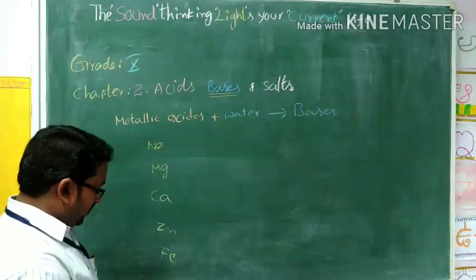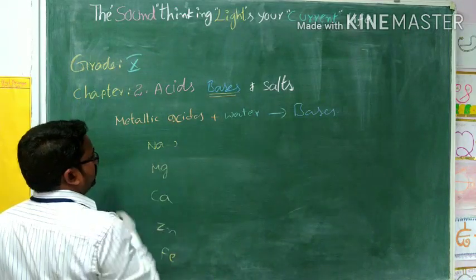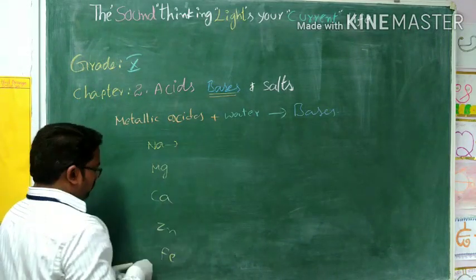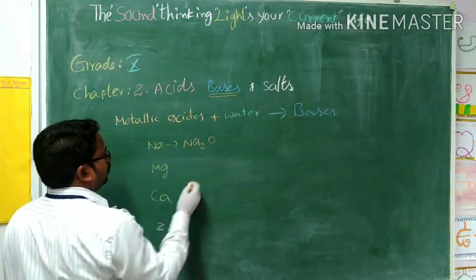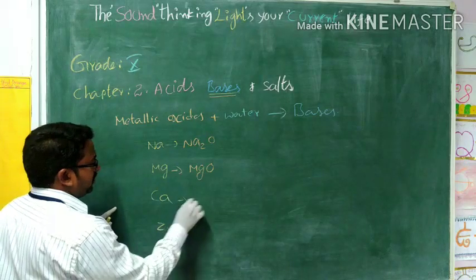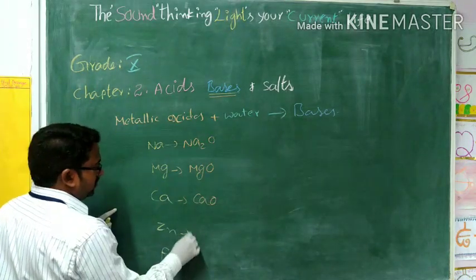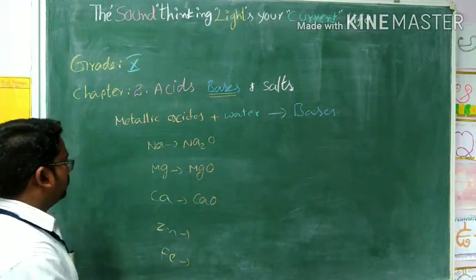So we have to go for the oxides. For sodium, we have sodium oxide, Na2O. For magnesium oxide, MgO. Calcium, CaO. Similarly, iron has two oxides, Fe2O3 and Fe3O4.